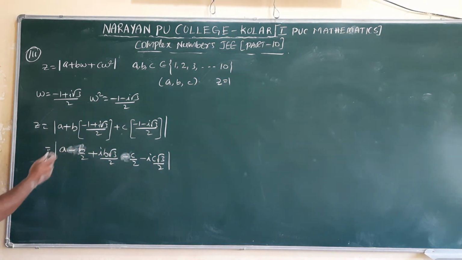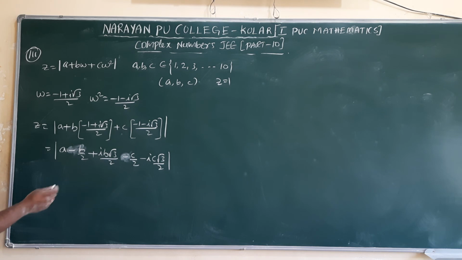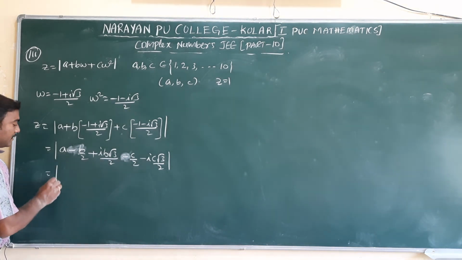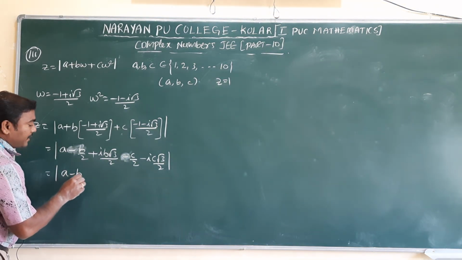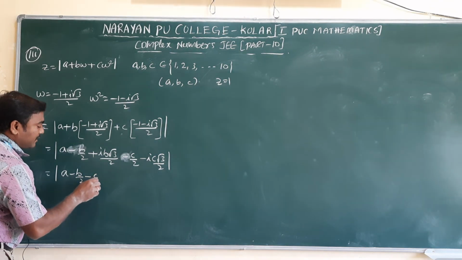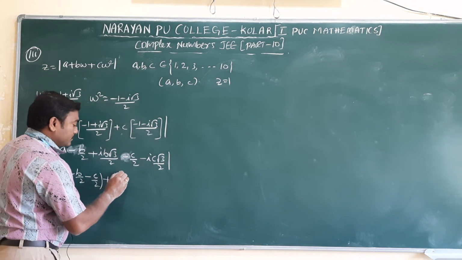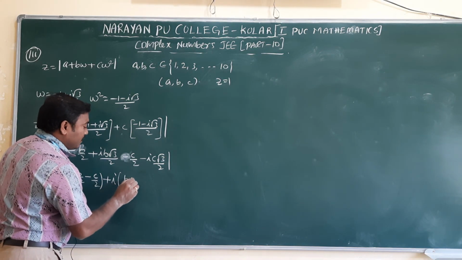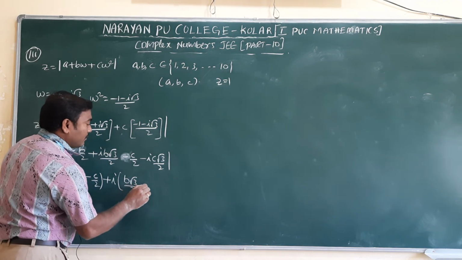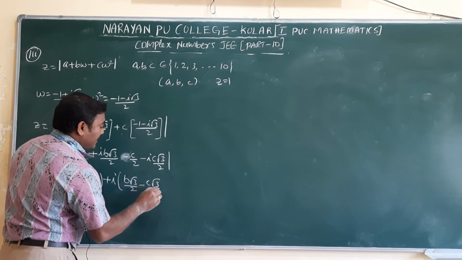Separating real and imaginary parts, we get A minus B by 2 minus C by 2 plus i into B root 3 by 2 minus C root 3 by 2.